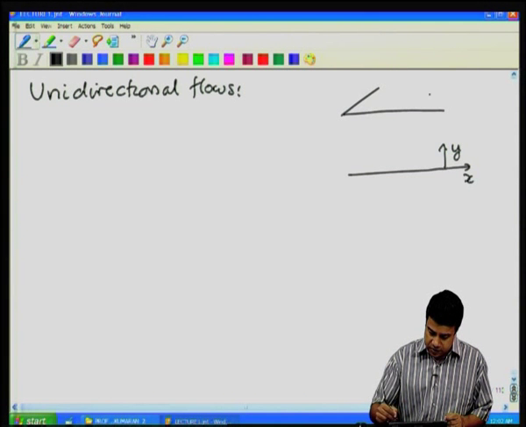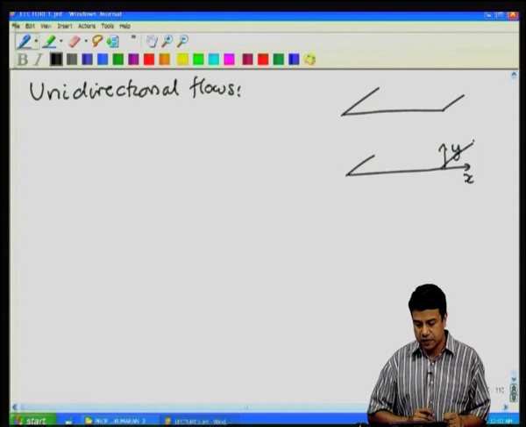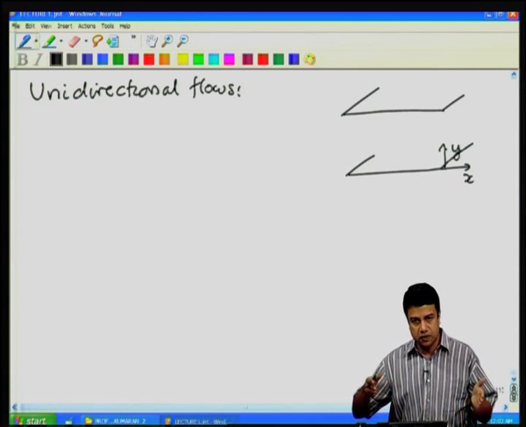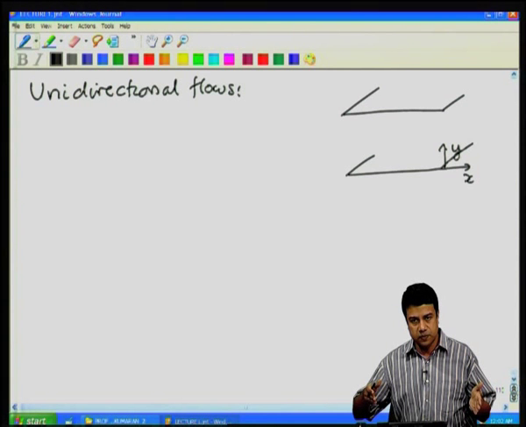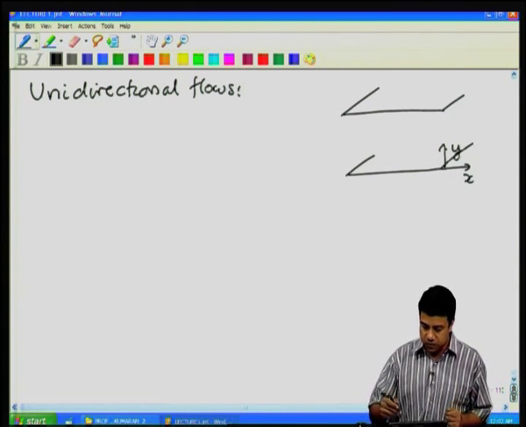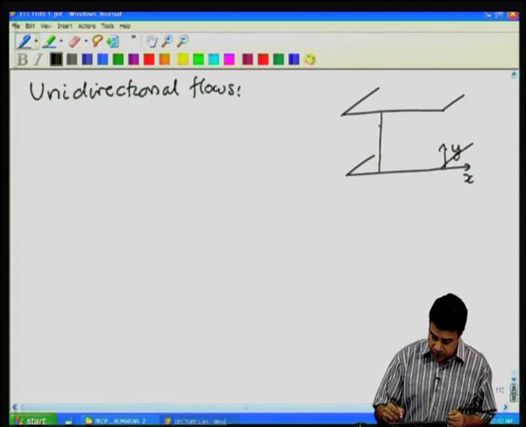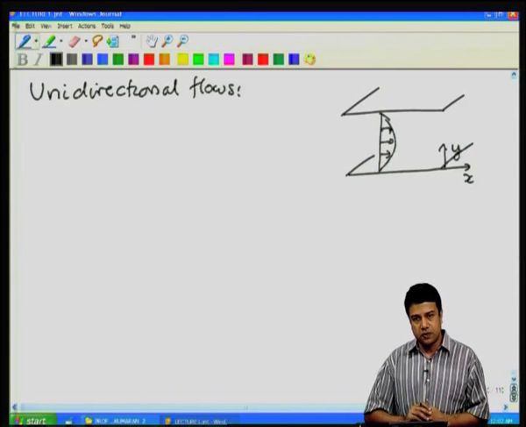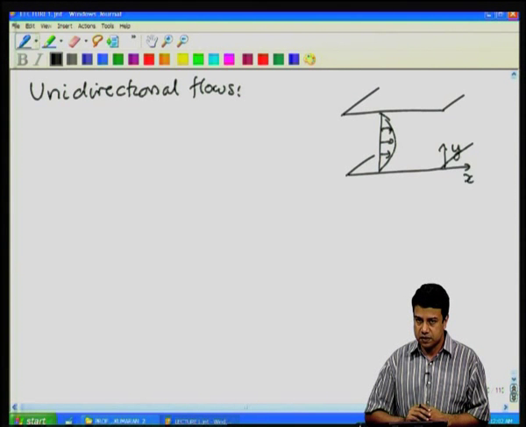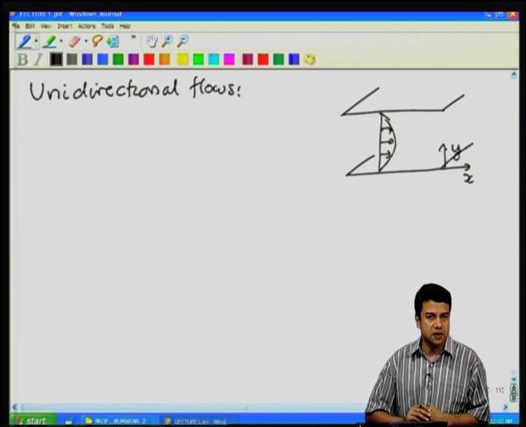So, you should think of this as a slot, which is effectively infinite in the third dimension, and across the two ends of the slot there is some pressure difference that is applied, due to which there is fluid flow in this channel. And now the velocity is only in the x direction, and because you are imposing zero velocity boundary conditions at the two walls, there is a gradient in the y direction.